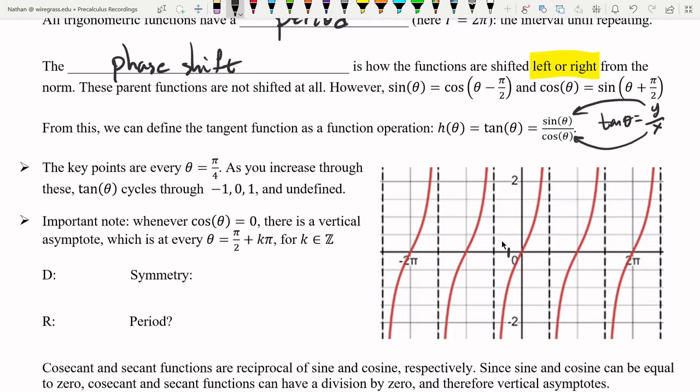Pi over 4 here, this point actually goes down to here. And that happens at negative 1. That's negative pi over 4. And at positive pi over 4, we have positive 1.